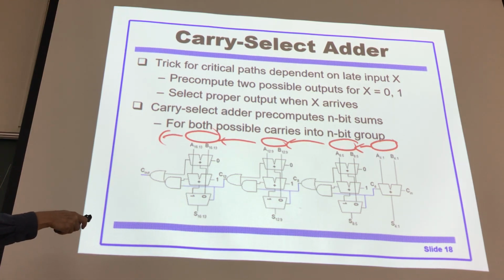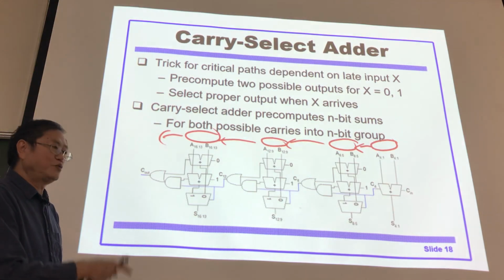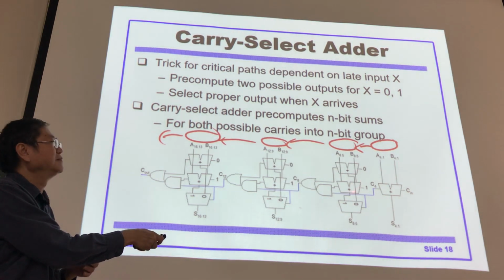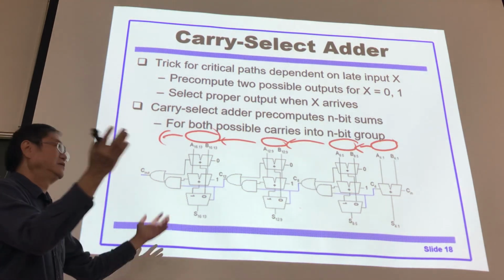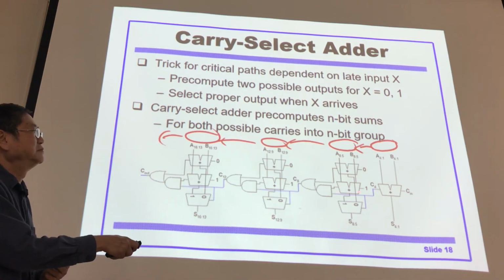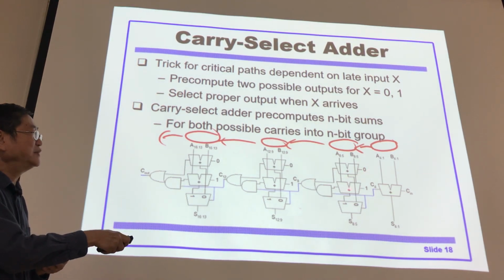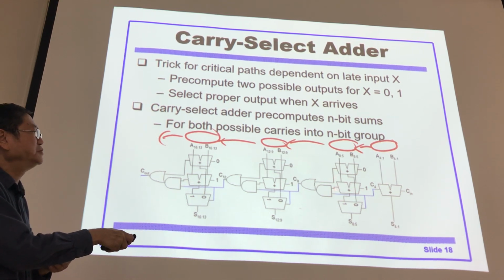From this 4 bit group to here, its carry only has 2 possibilities, either 0 or 1. So why not compute in advance, first assuming it is 0, and then again for 1, and work both out? You spend twice the adders, it doesn't matter, just do it. We can afford a more complex circuit. We spend more chip area. We have 2 versions. We still don't know carry in 0 or 1, but we pre-compute one version assuming 0 carry in, another version assuming carry in 1. And so we get carry out 2 versions waiting for the C4 to arrive.